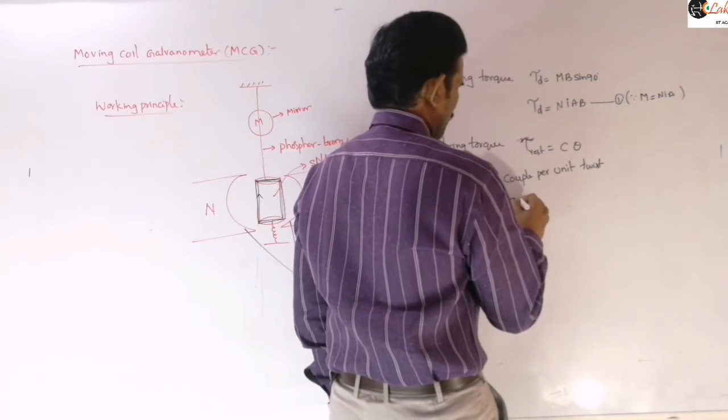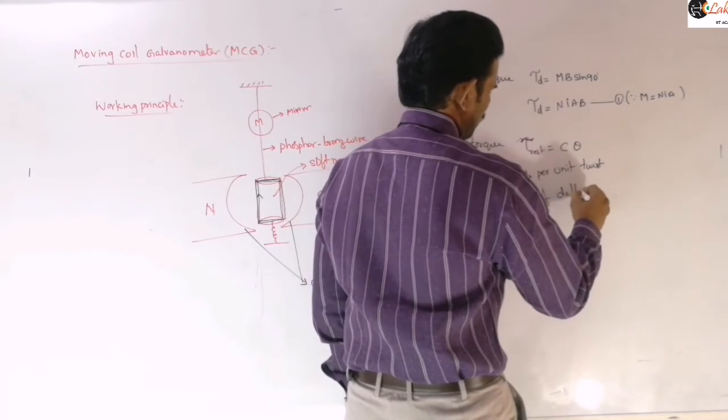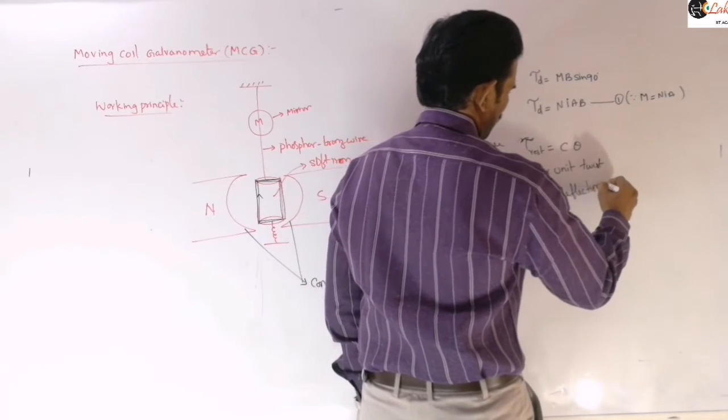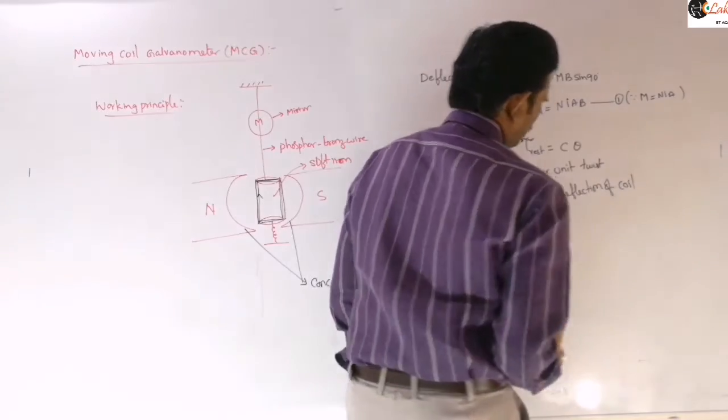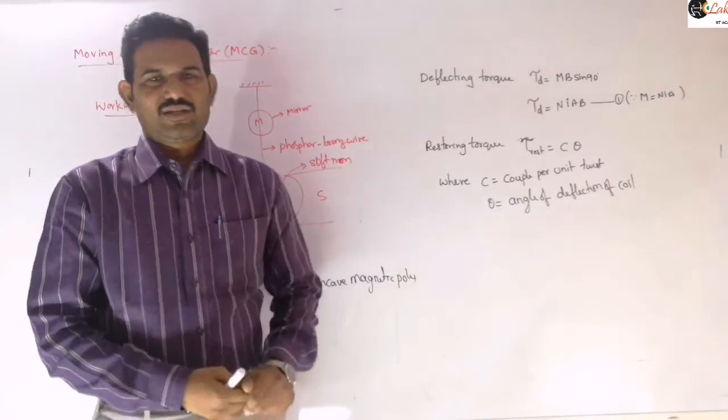This couple per unit twist is a constant for a given wire, which depends on its property.